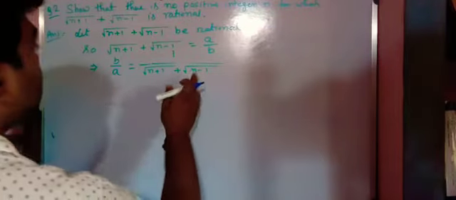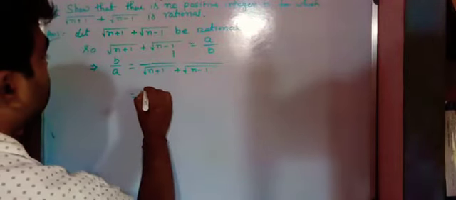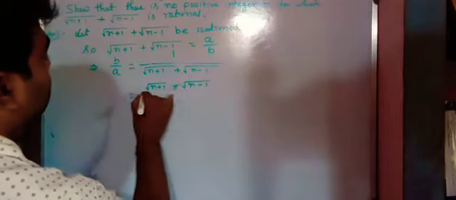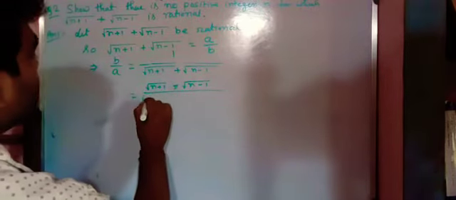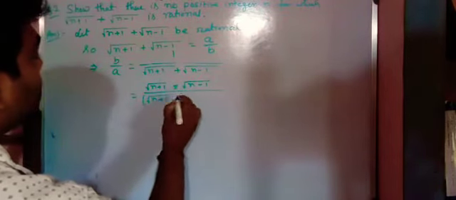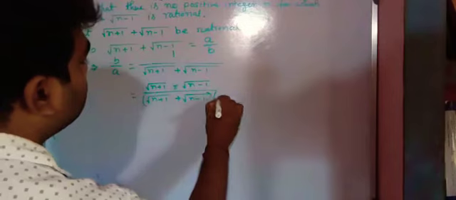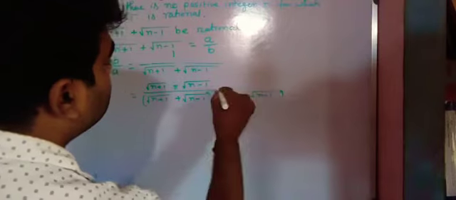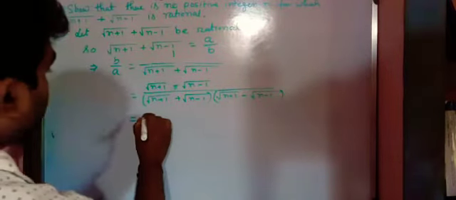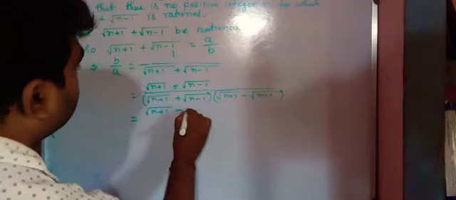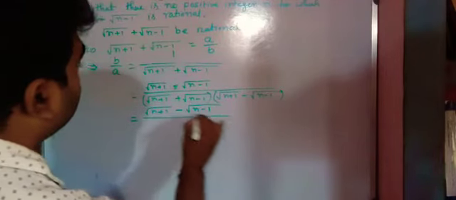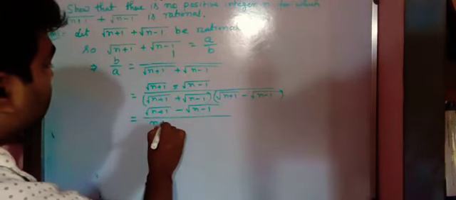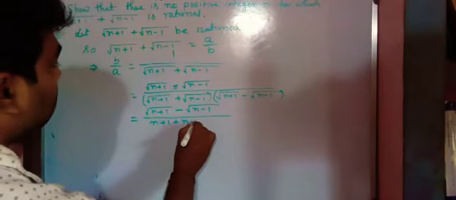Now rationalizing the denominator, root over of n plus 1 minus root over of n minus 1 divided by root over of n plus 1 plus root over of n minus 1 into root over of n plus 1 minus root over of n minus 1, by n plus 1 plus n minus 1.